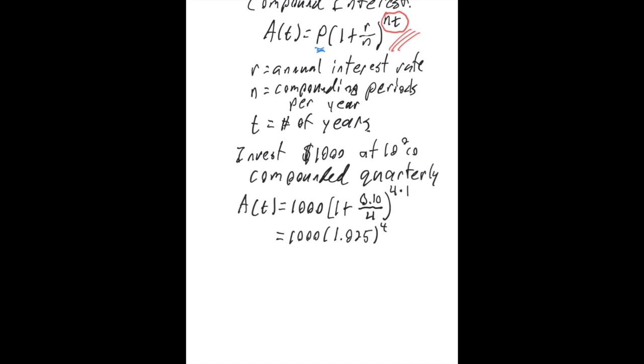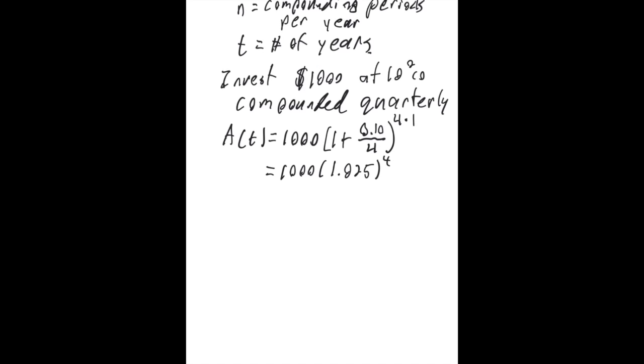And if we want to go ahead and calculate that out by calculator, we're going to get 1,000 times 1.025 to the 4th, which is going to be a little bit bigger than 1.1, 1.1038.